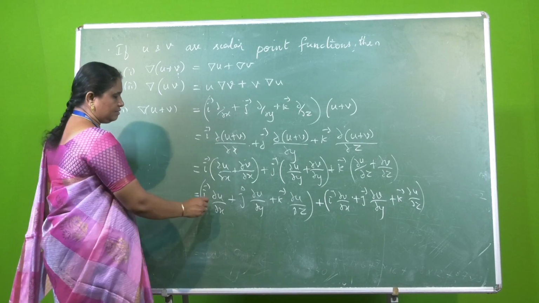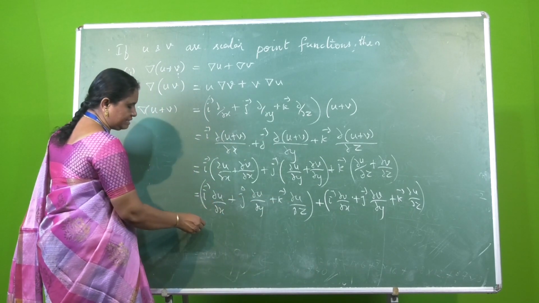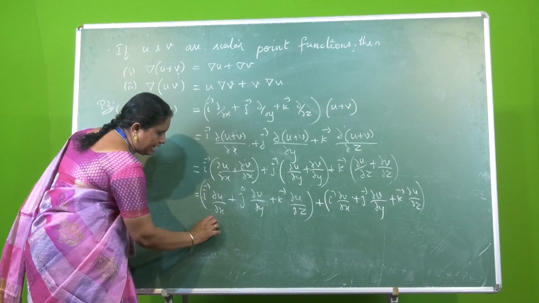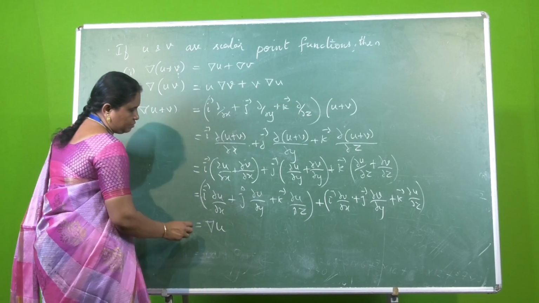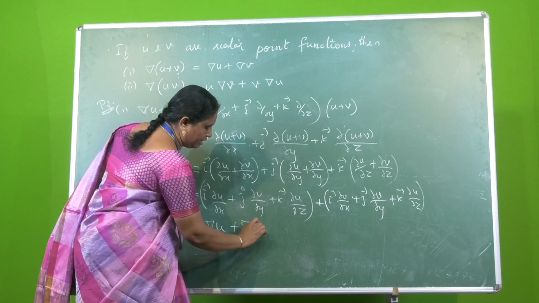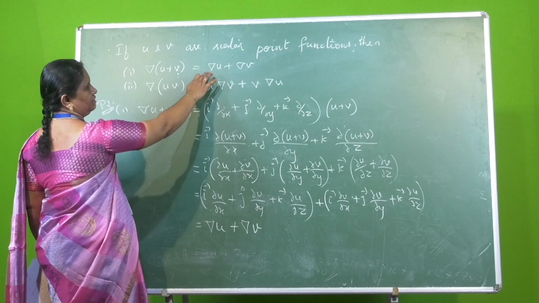So this term represents del u, and this value denotes del v, which we have to prove on the right hand side.